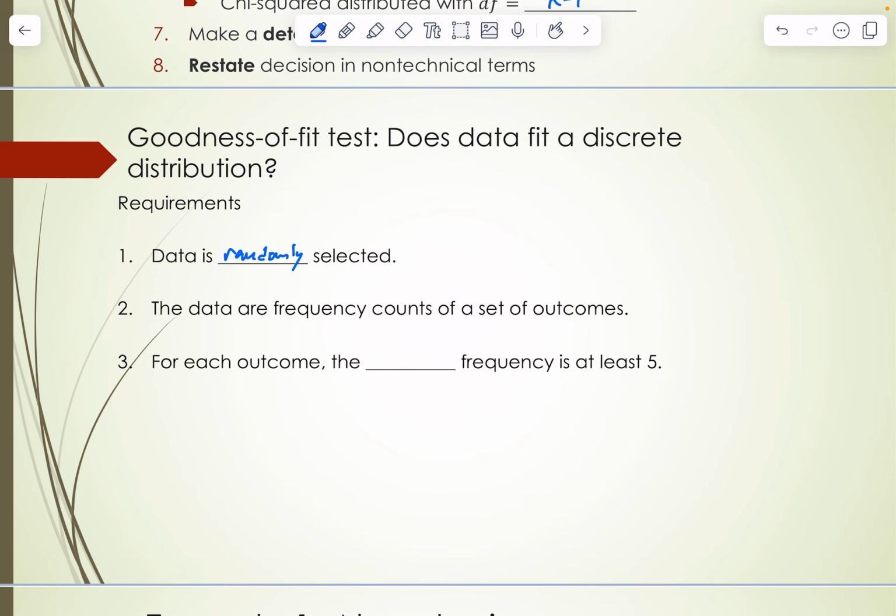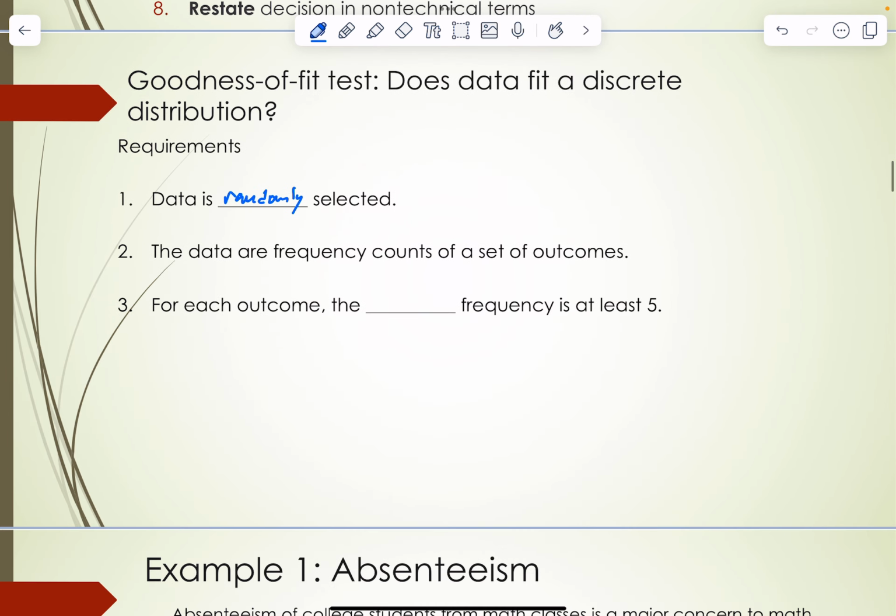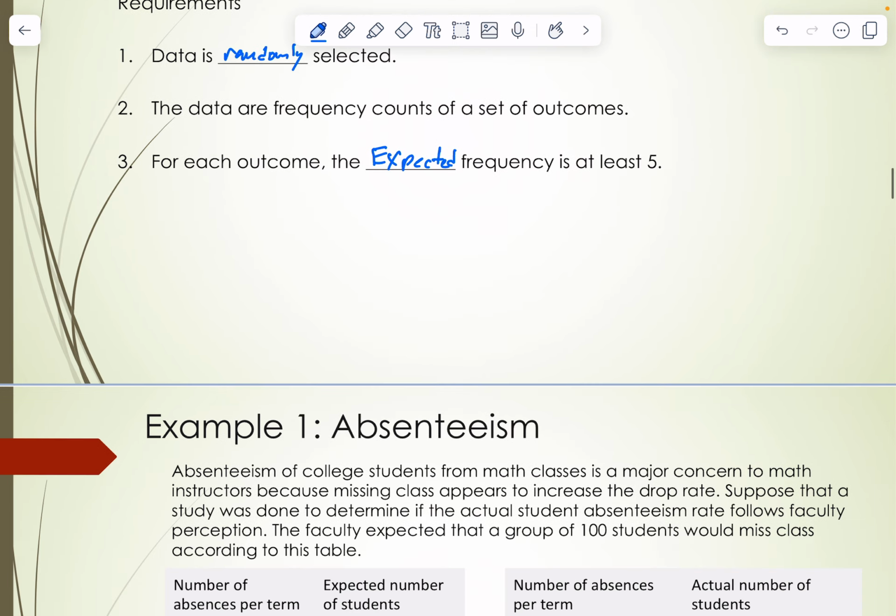And the second requirement is that the data are frequency counts of a set of outcomes. And of course, we wouldn't be able to calculate anything if that weren't the case. Okay, and then for each outcome, the expected, not observed, but expected frequency has to be at least 5.